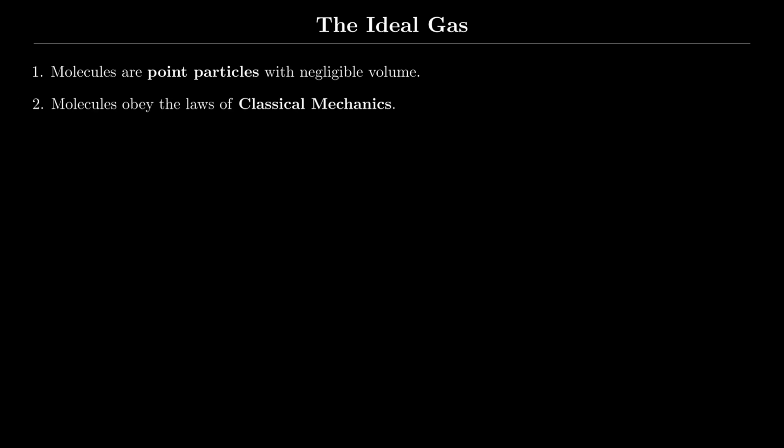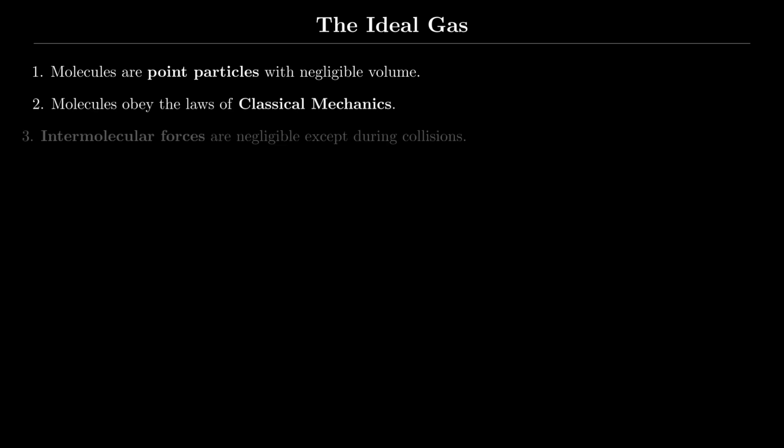Before we cover the formulas for gas laws, we must first define the concept of an ideal gas, which is what we will be assuming during calculations. There are 6 postulates for ideal gases, all of which must be memorized as they can easily appear in multiple choice questions. Our first postulate is that the molecules are point particles with negligible volumes. The second is that these molecules obey the laws of classical mechanics.